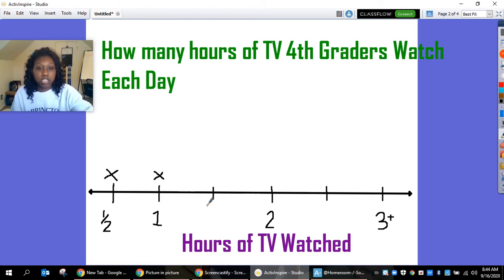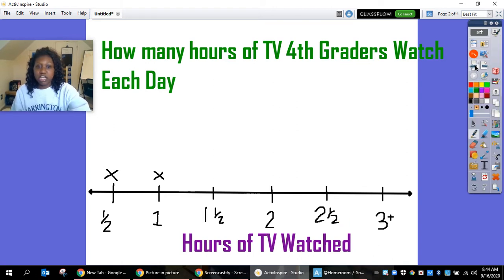Oh, between the 1 and the 2. And I guess between 2 and 3 would be 2.5. Okay, now I have my number line complete, and I can finish plotting my data.